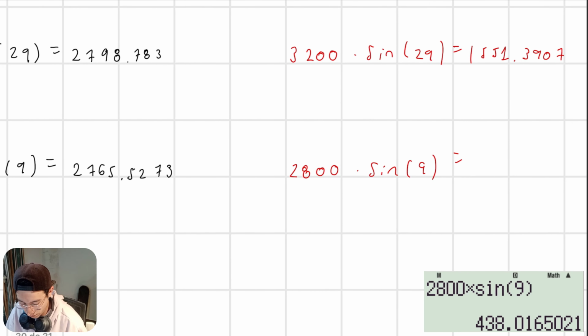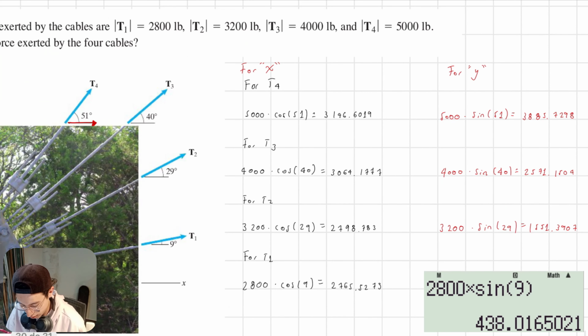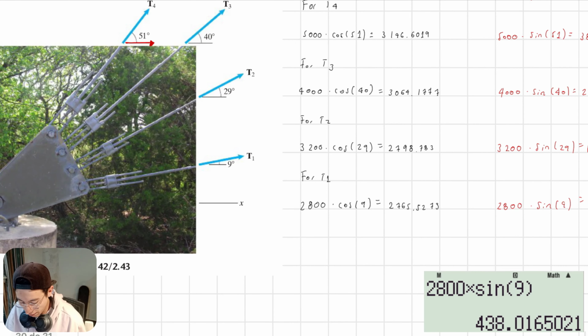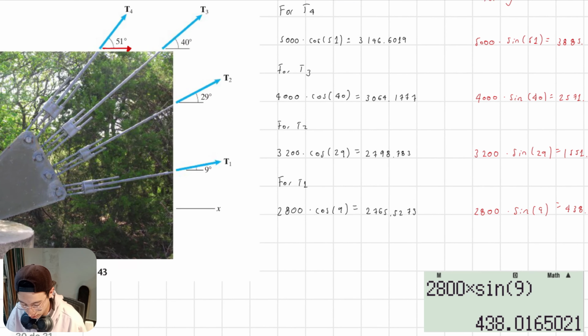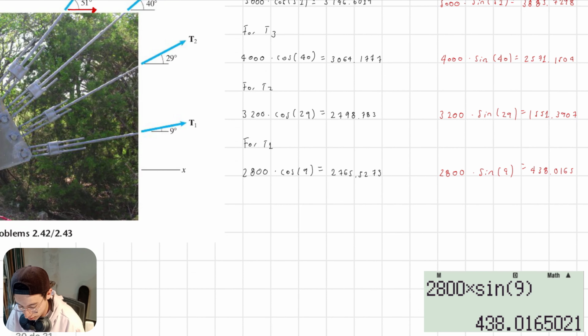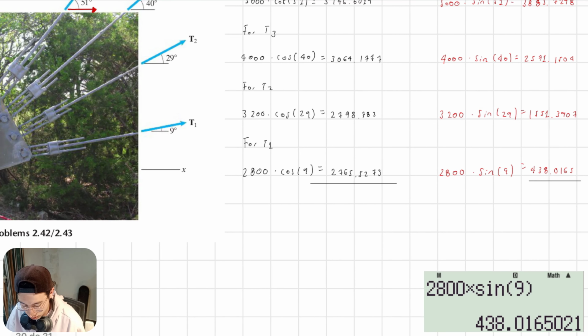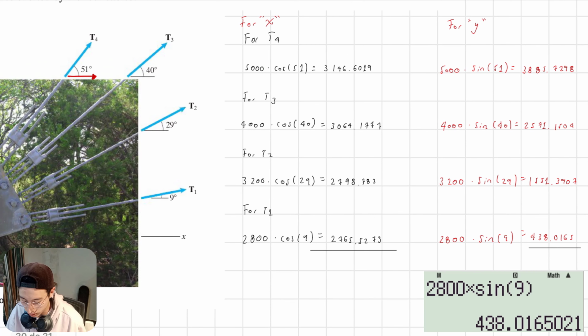Now the sine, 438.0165. And that's it, guys. We just have to add those components together, and at the end we will have the summation of all the components.